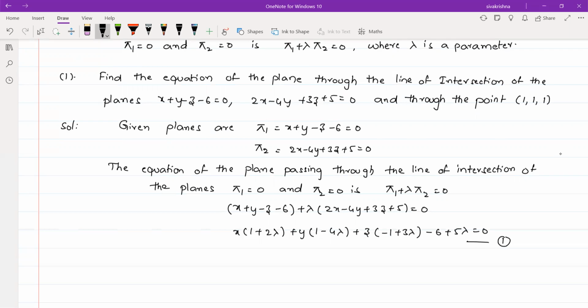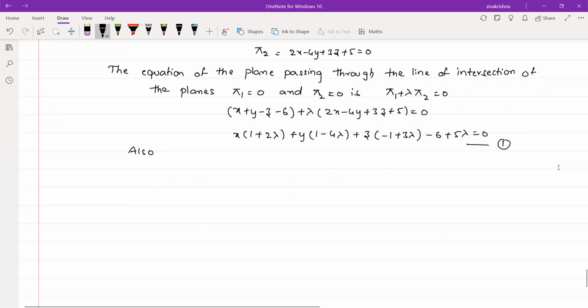In this equation we have to find the value of lambda. In the problem it was also given that the required plane passes through the point 1, 1, 1. So with the help of that point we are going to find the value of lambda.